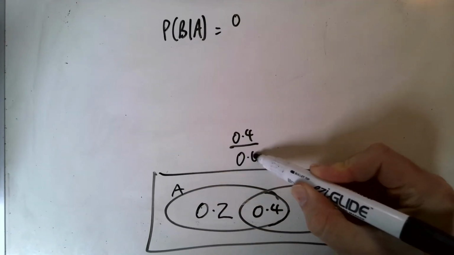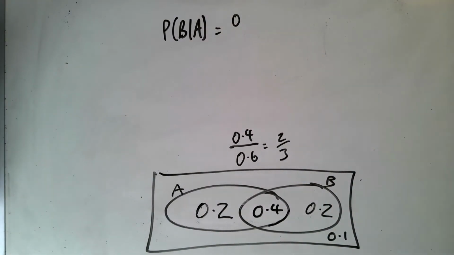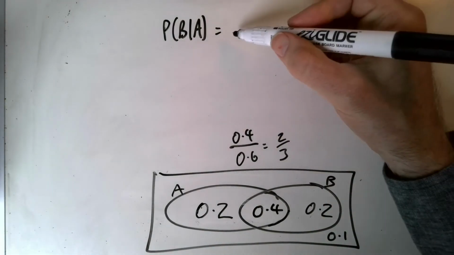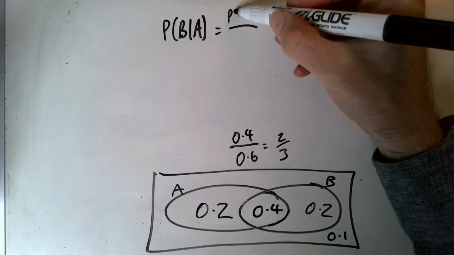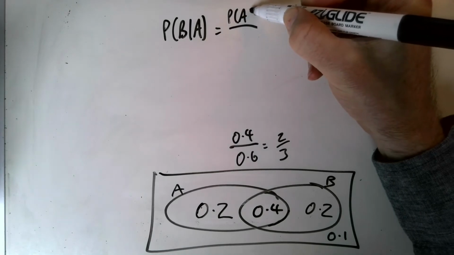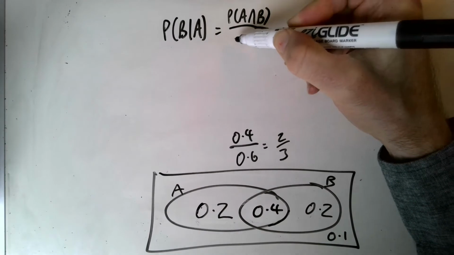Which is 0.6, which is 2/3 if we simplify it down. So the probability of B given A is that bit up there, which is A intersection B, which is the bit that we want, divided by all that it could be, because we know that it's A.